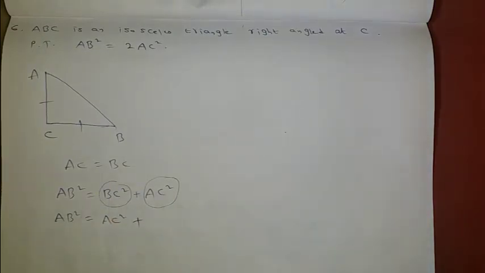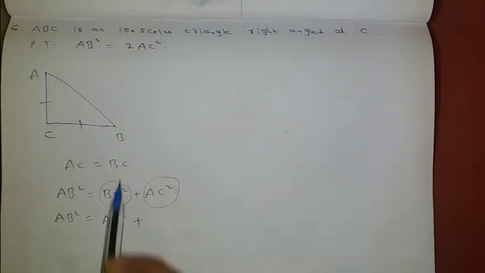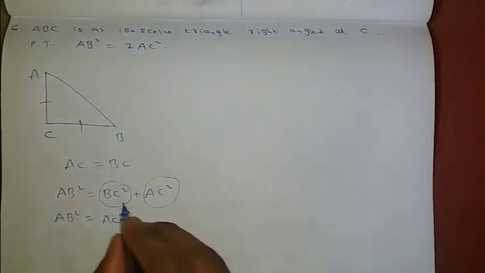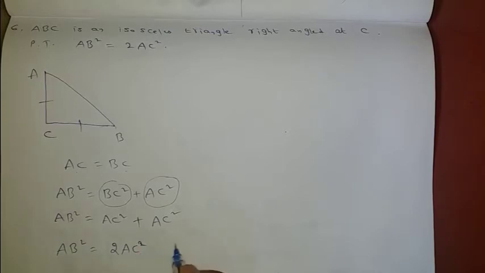Already he mentioned clearly it is isosceles. So it means two sides are equal to each other. So in the place of BC, again I am writing AC. So we will get AB square is equals to AC square plus AC square, 2 times AC square. Hence proved.